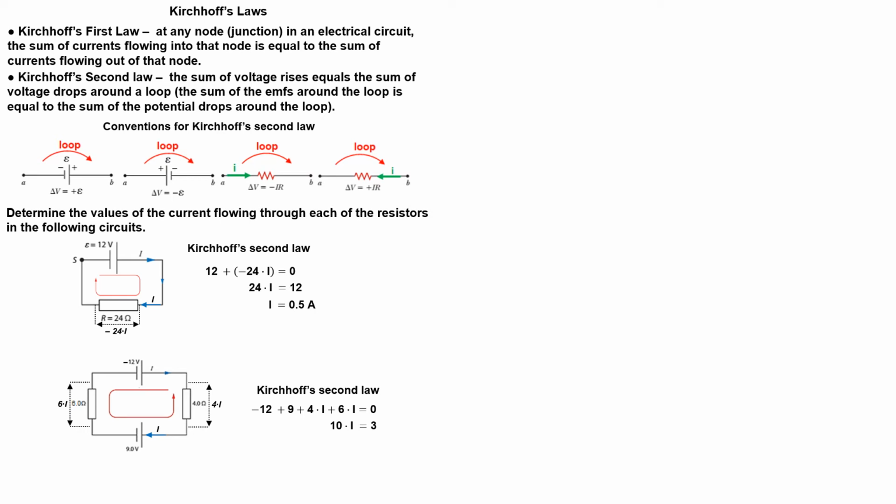So this equation for the current gives 0.3 amperes. The current has come out with a positive sign, so our original guess about its direction is correct. Had the current come out negative, the actual direction would be opposite to what we assumed.